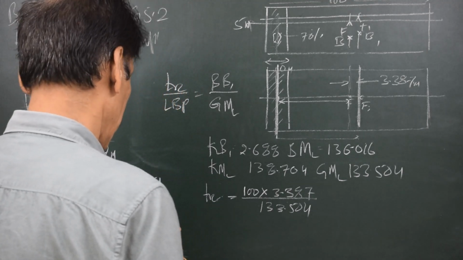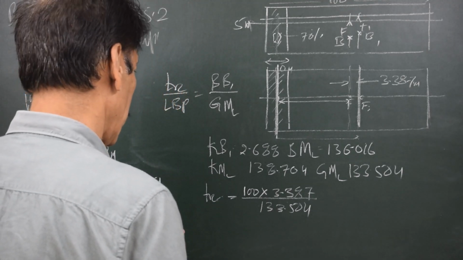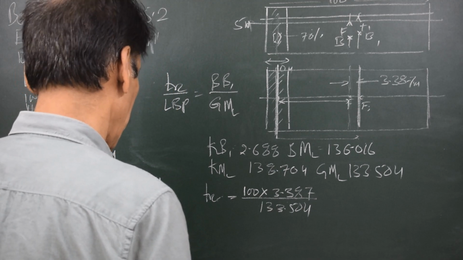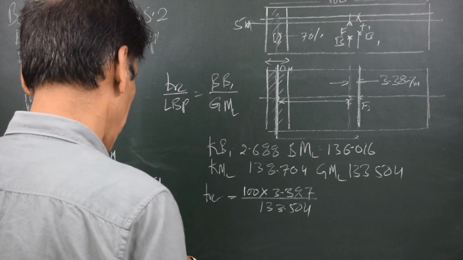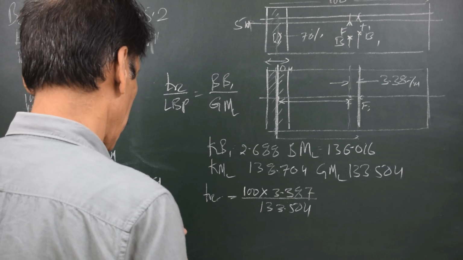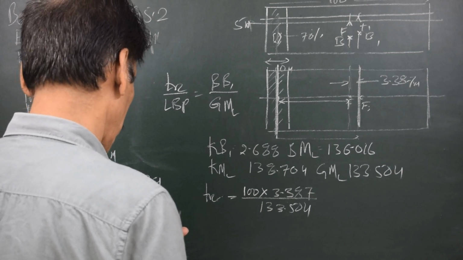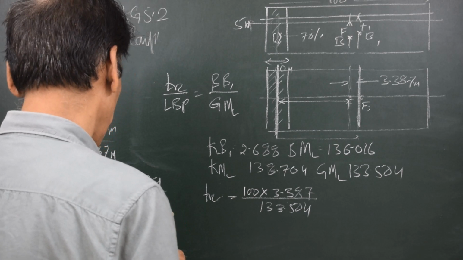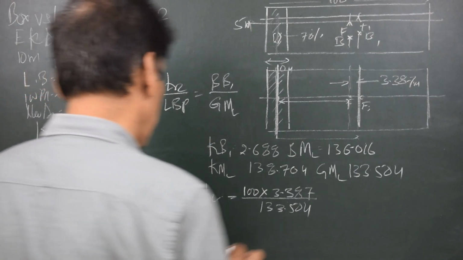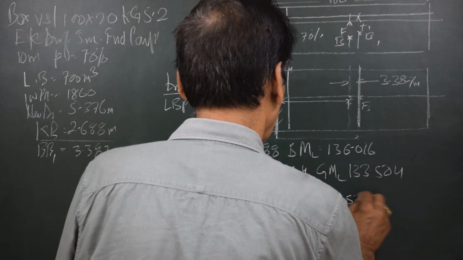So 3.387 into 100 equals, divided by 133.504, gives me 2.537.